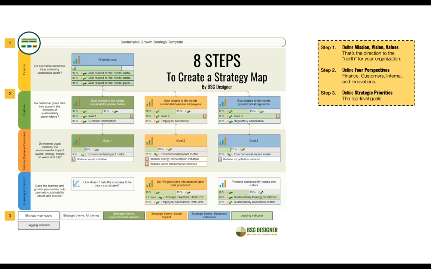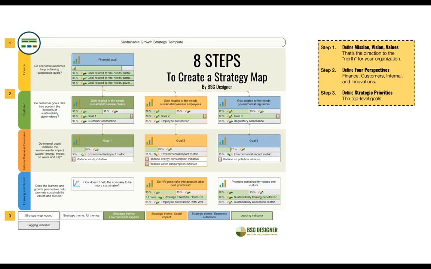Okay, so we have our top level goal, our mission that is supported by vision and values. And this is the highest level of abstraction. And the next level of abstraction are the strategic priorities. So we can define normally 3 top level goals that we want to achieve in our organization.